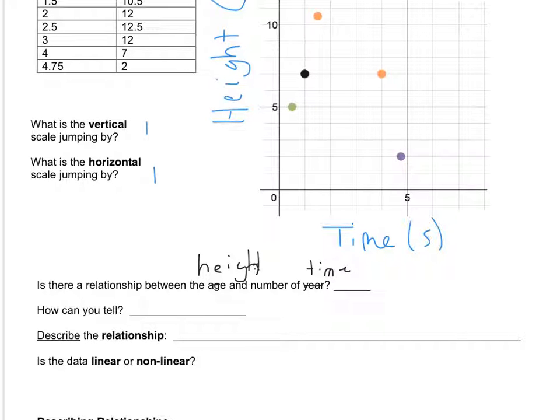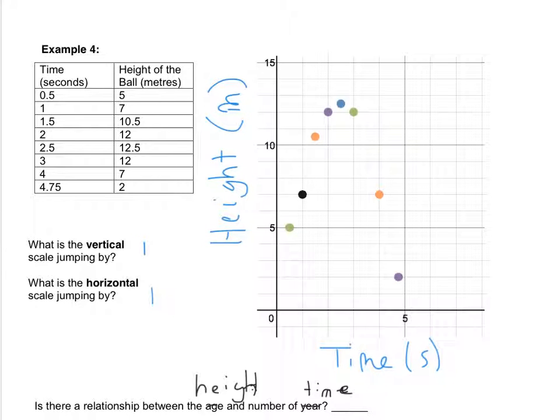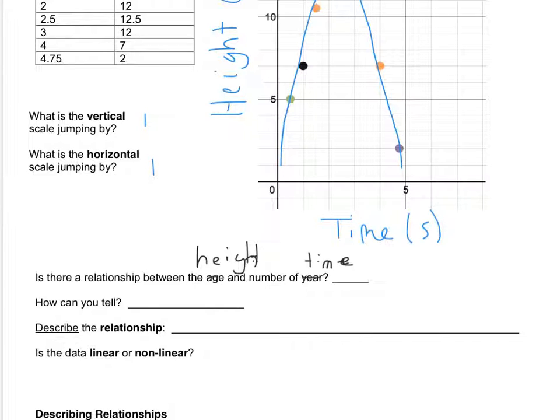And this relationship is a little bit different. There is one that exists because you can clearly see the path of the ball and you can predict the height of the ball at any time. So we can say yes. How can you tell? There is a trend. So a trend exists, so you can say there is a trend. Describe the relationship.